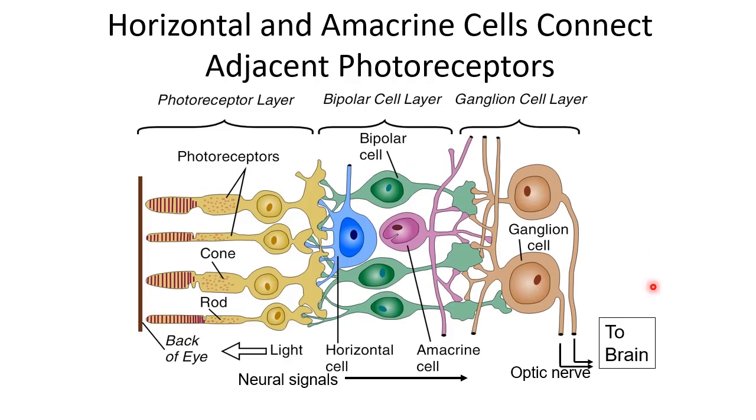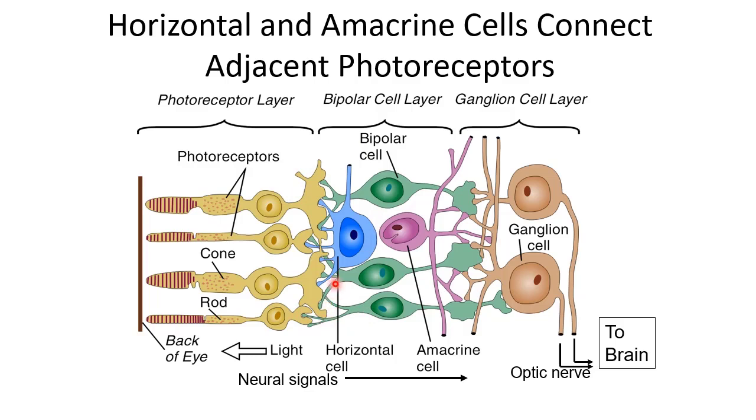Now, just for a second, because I know if you're reading through your book, you're going to stop and you're going to hit a section about these horizontal and amacrine cells, and you're going to say, we talked about all the cells in the eye and the retina, but we didn't talk about these. What I just want to tell you is, at least in terms of what you should know, the horizontal cells act as a bridge, kind of at the connection between the photoreceptors and the bipolar cells.